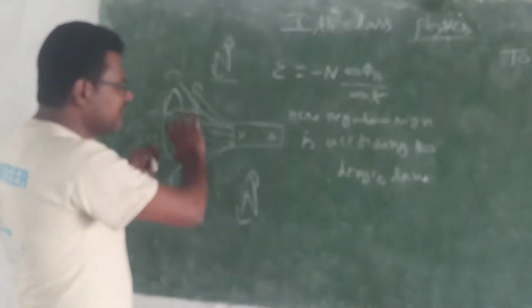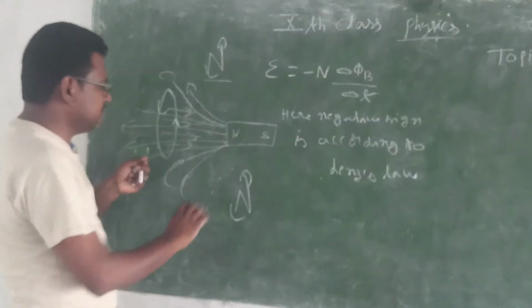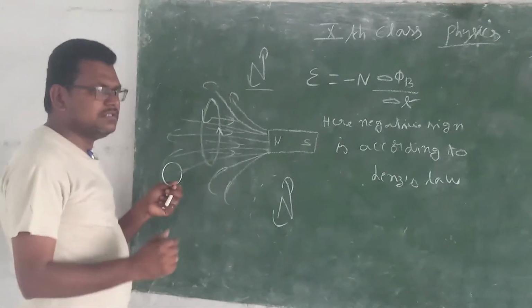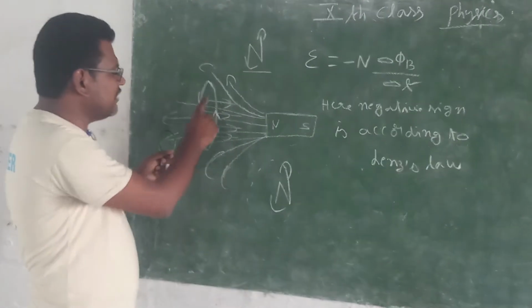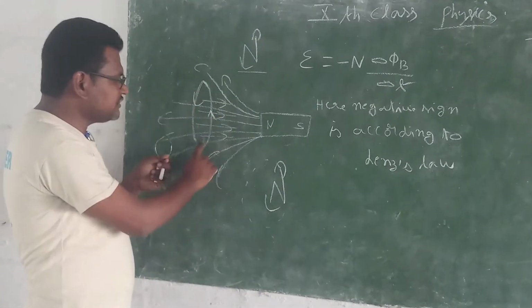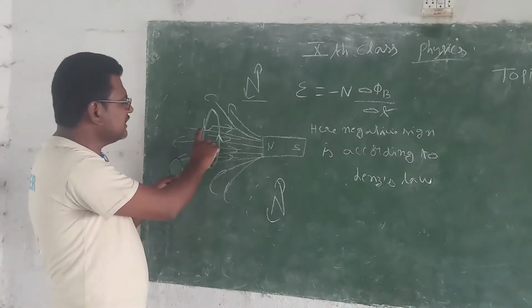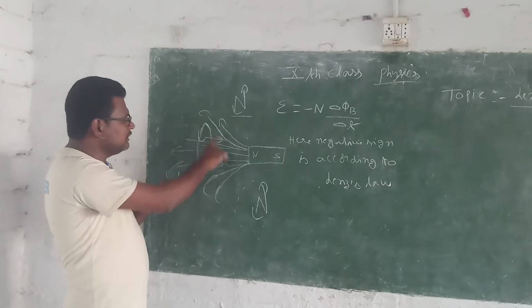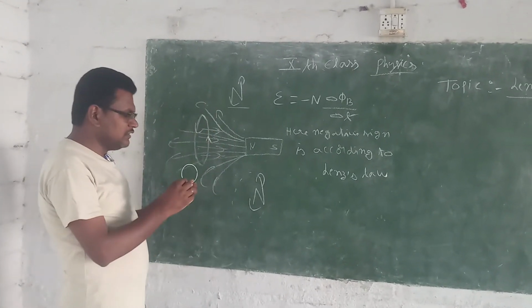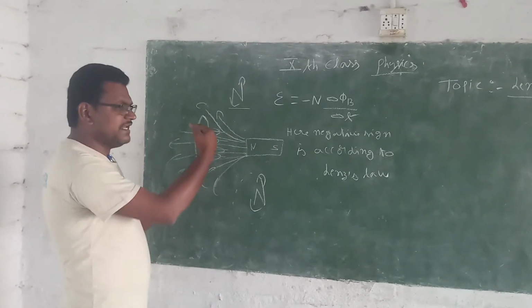Suppose we move the north pole of a magnet away from the coil, then what happens? The number of magnetic field lines passing through the coil decreases. So in this case, the current is induced in the coil in the opposite direction, that means in the clockwise direction.